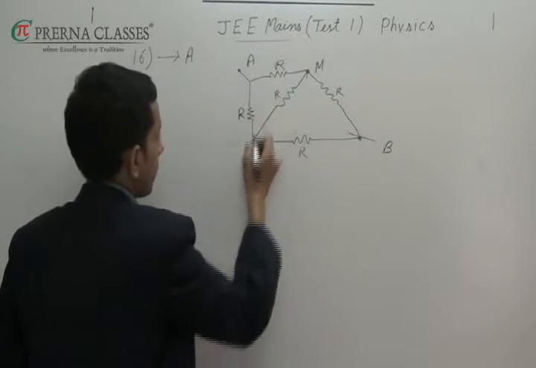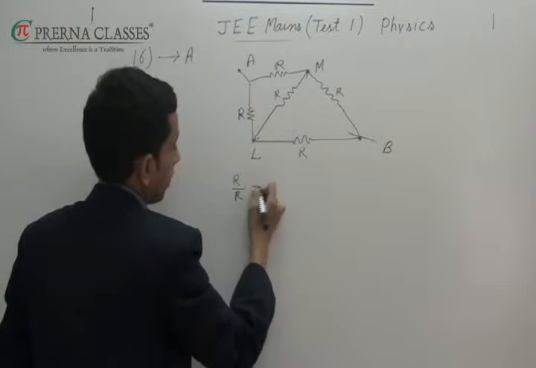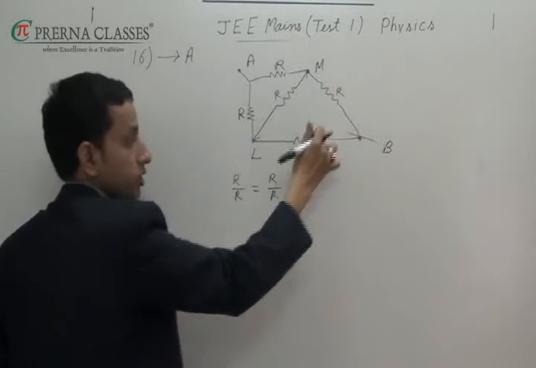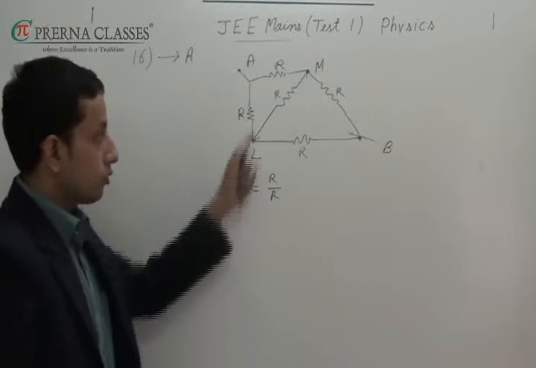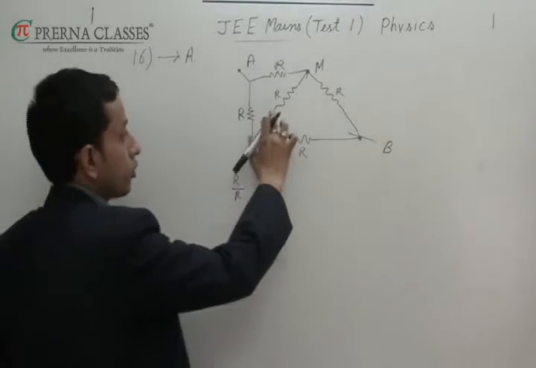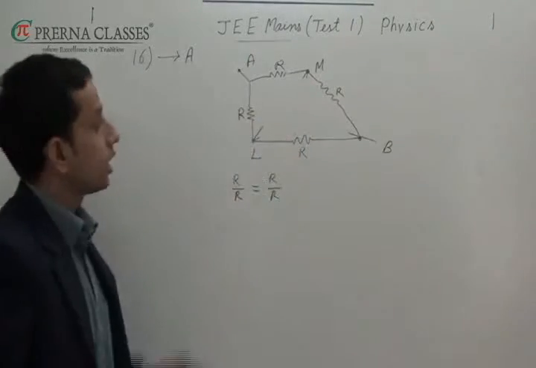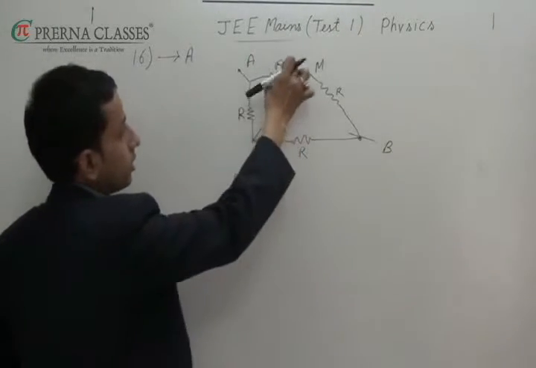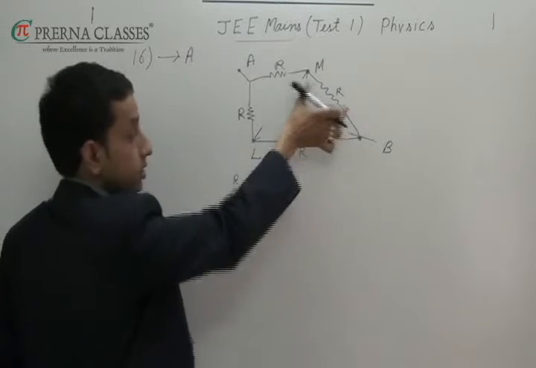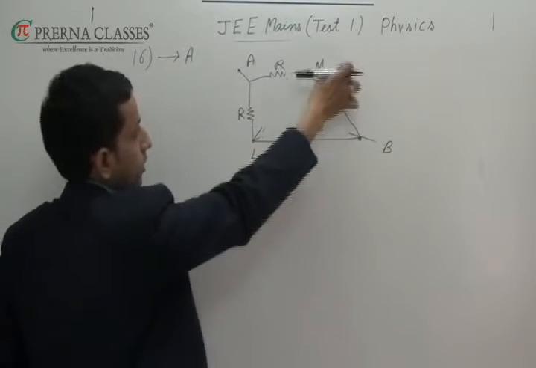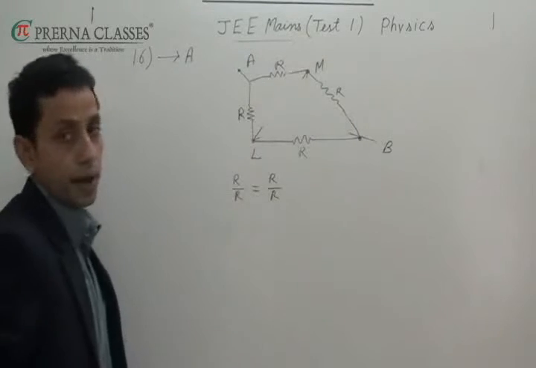These two resistances are in the same ratio, so R equal to R. These two resistances are in the same ratio with these two resistances. So we will have a Wheatstone bridge. So we can remove the bridge resistance, and finally what we will get, these two resistances in series and these two resistances in series, and the total of this resistance and the total of this resistance in parallel.